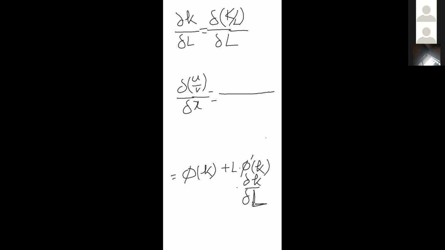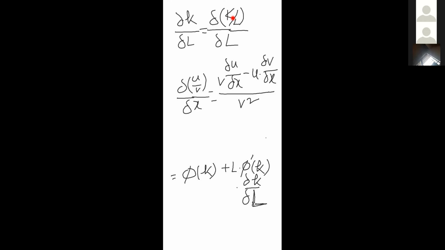What is the formula of this differentiation, differentiation of U by V? Here is V square, then V into del U by del X, then minus U into del V by del X.